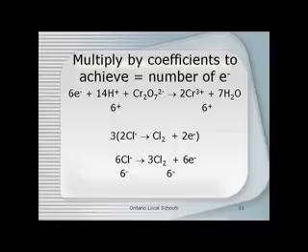The remaining issue that we have here, now that we've balanced for atoms and charge, is that our oxidation half reaction, the 2Cl minus going to Cl2 plus 2 electrons, has 2 electrons, whereas our reduction half reaction has 6 electrons involved.